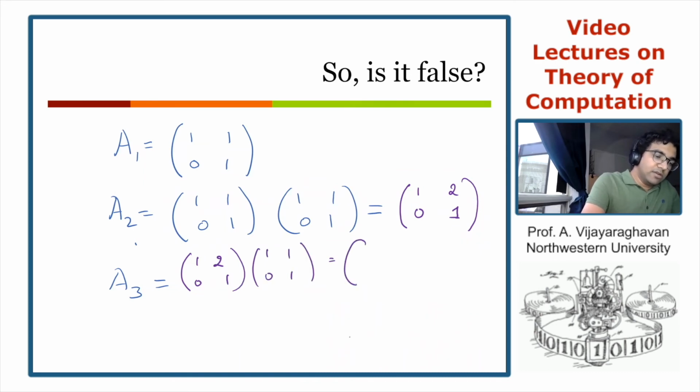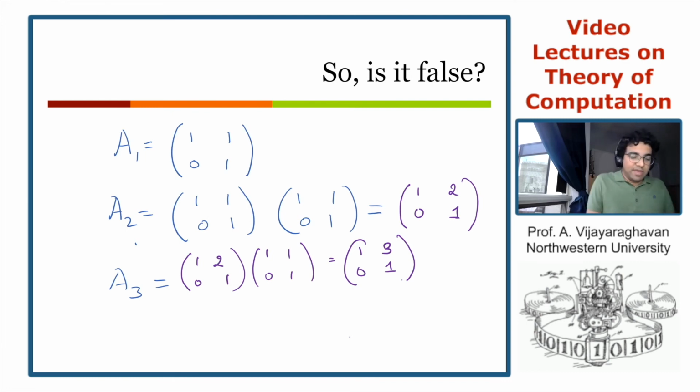If you write this out, the first entry is 1 times 1 plus 2 times 0, which is 1. The second entry is 1 times 1 plus 2 times 1, which is 3. The third entry is 0. Okay, so now you see that there's some kind of a pattern.